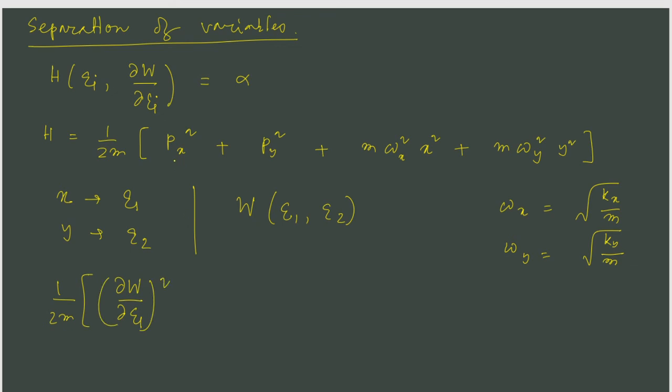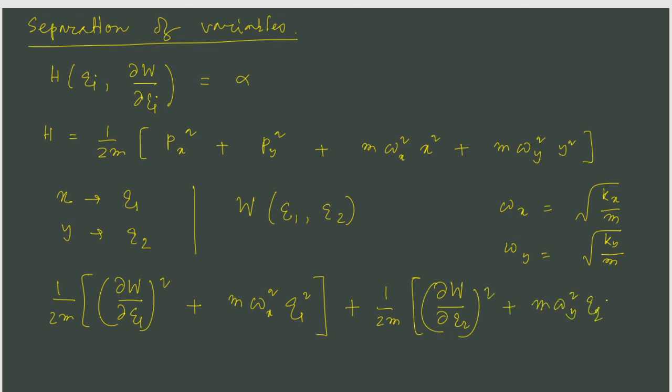I just replaced this in px, so this would be one part, and then similarly we will have the second part, and this would be equal to the constant alpha.